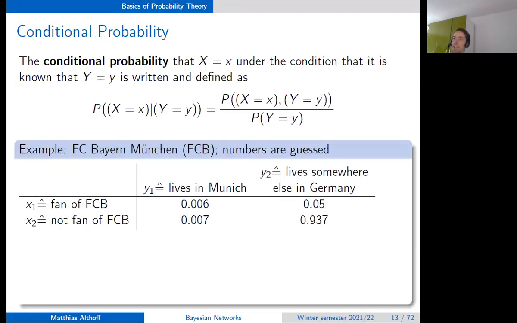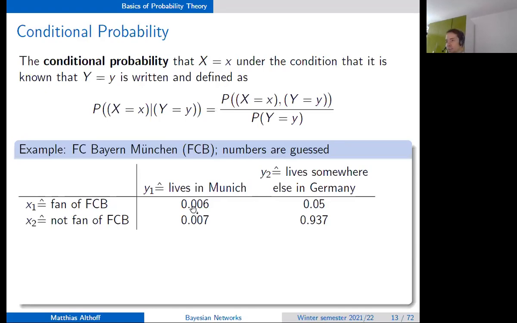Okay, so as an example, and the numbers are guessed here, we have a football example. We're looking at who is a fan of FC Bayern München. There are two groups: people who live in Munich and people who live somewhere else in Germany. Among these groups, some are fans of FC Bayern München, others are not. And these are the joint probabilities.